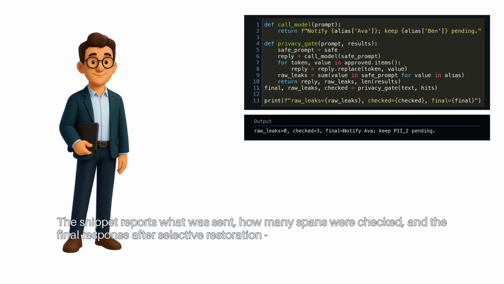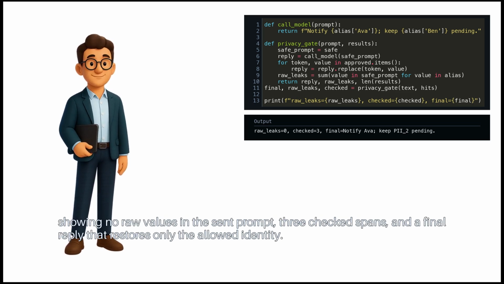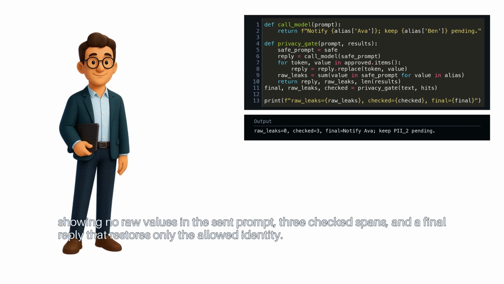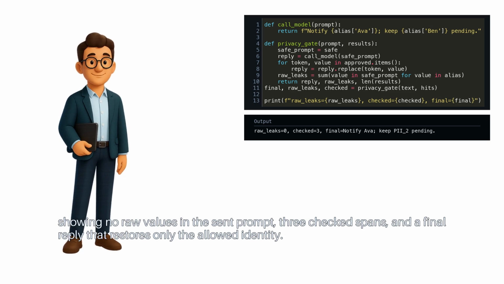The snippet reports what was sent, how many spans were checked, and the final response after selective restoration, showing no raw values in the sent prompt, 3 checked spans, and a final reply that restores only the allowed identity.